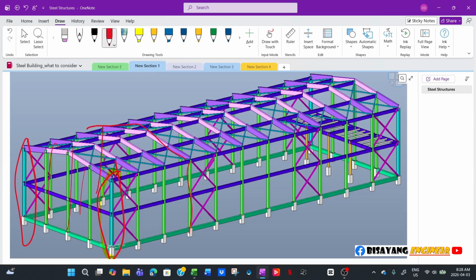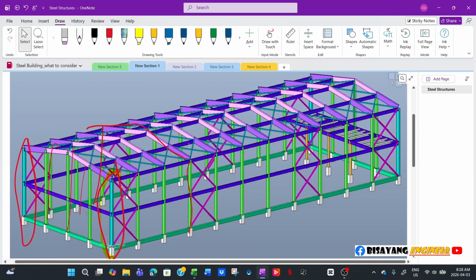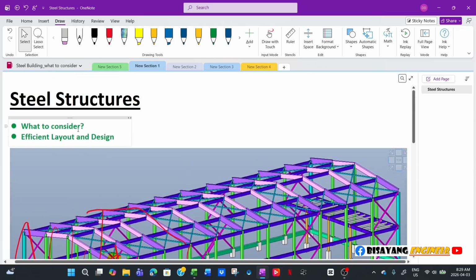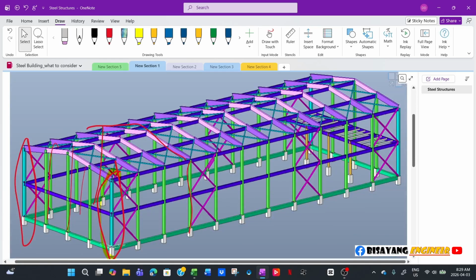If this is a clear span, then that's heavily loaded considering the tributary width of the frame. In this video we will discuss what to consider, and how to make a more efficient structure.